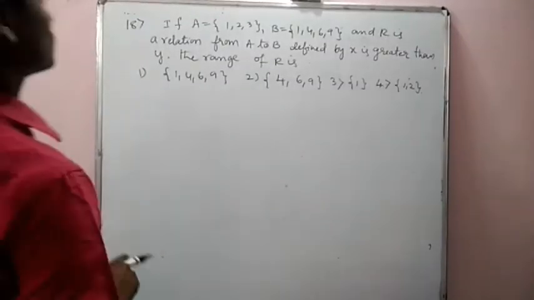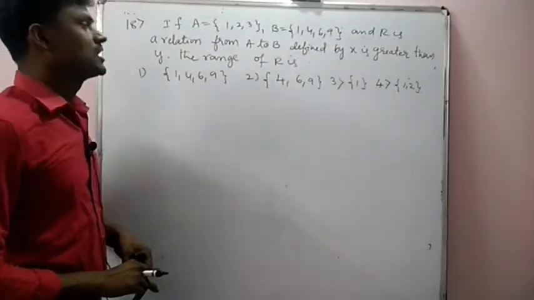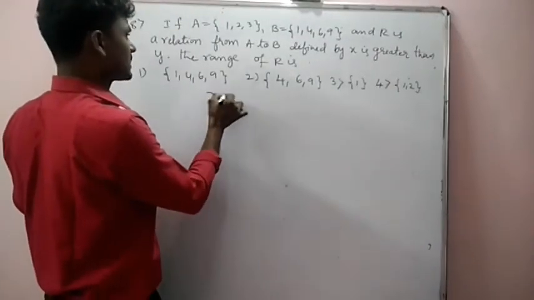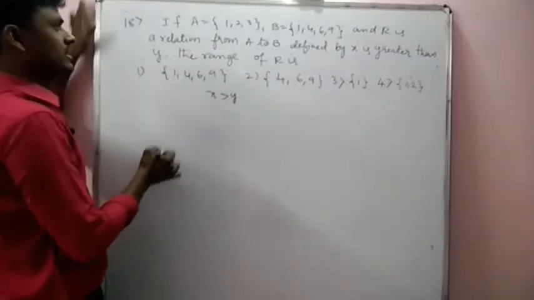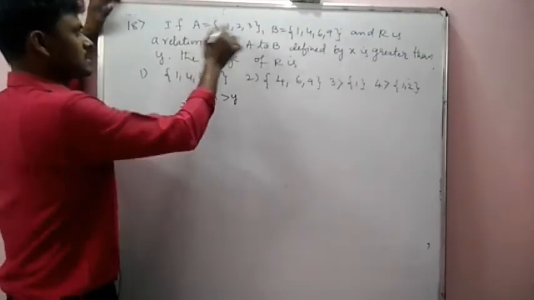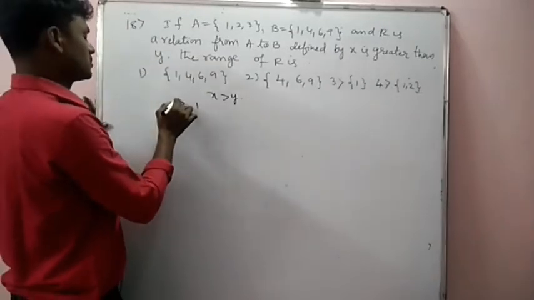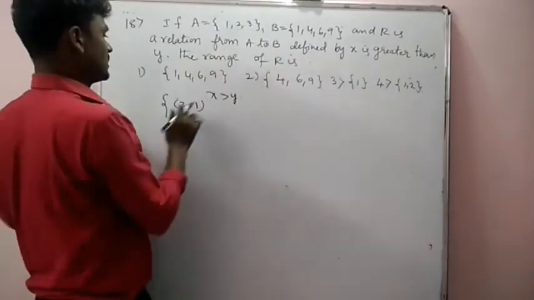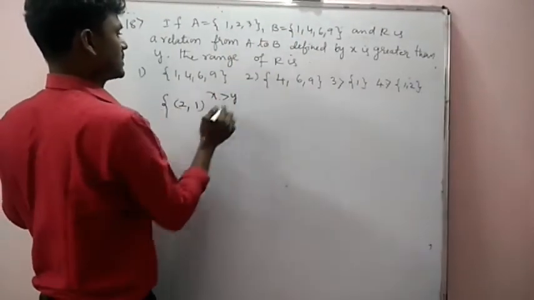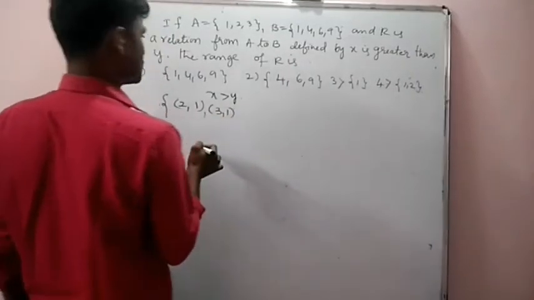Okay, next question. If A is equal to the set of 1, 2, 3, B is equal to the set of 1, 4, 6, 9, and R is a relation from A to B, where X is greater than Y. Then here 2 greater than Y. Then the range of R. Here X greater than Y. Next 1 greater than Y is not possible, 2 greater than Y, and 3 greater than Y, that is 1, then 2 only.